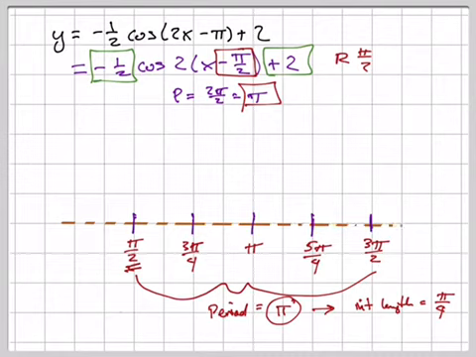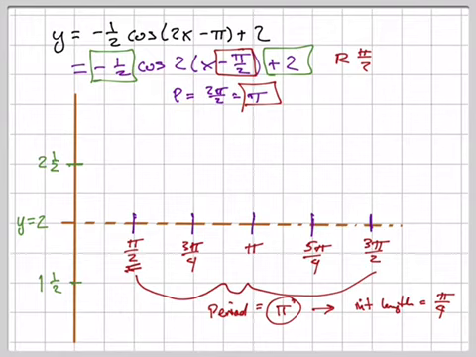By the way, since I'm already done with my horizontal stuff, I can go ahead and draw in my y-axis. It's going to be over here somewhere. You follow? And now, if I'm shifting it up 2, what is this line really? This line is really y equals 2, right? And I'm going up to 2.5, and I'm going down to 1.5.